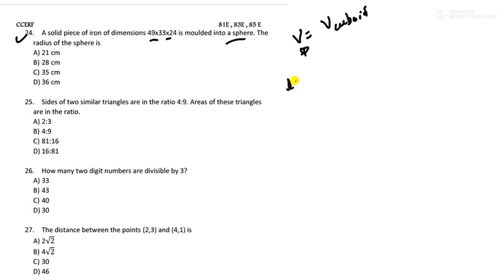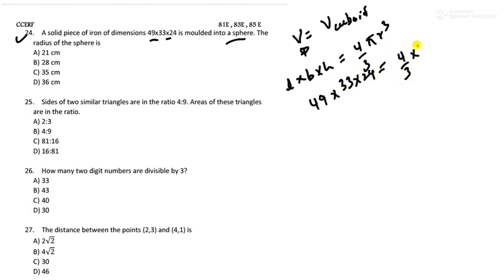Volume of cuboid is L into B into H, which is equal to, what is volume of sphere? It is 4 by 3 into pi r cube. Correct? So now you have to substitute. So this is 49 into 33 into 24, which is equal to 4 by 3 into 22 by 7 into r cube.